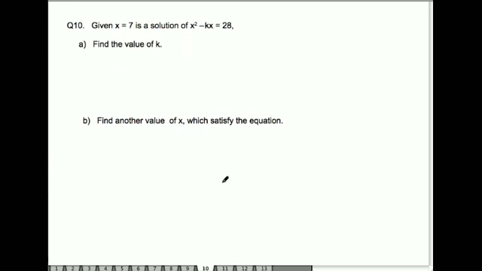In question 10, we are given a solution of the equation. Now, since x equals 7 is the solution, it should satisfy the equation, which means that we can substitute it into the equation. We get, x is 7, so 7 squared minus 7 times k equals 28.